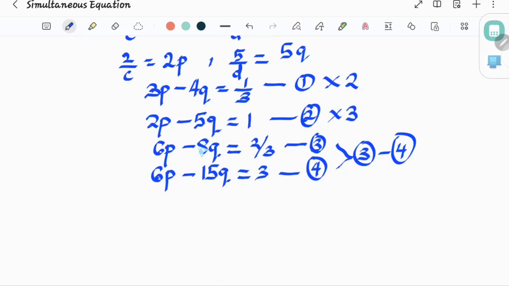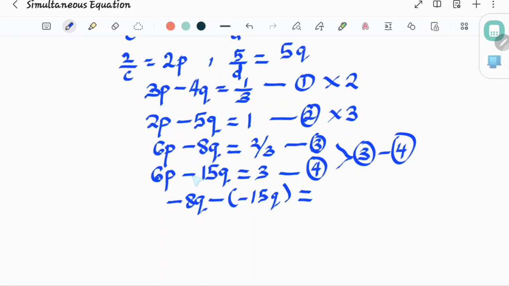So equation 3 minus equation 4 means 6p minus 6p, that's already 0. Equation 3 minus 4 for the part of q means minus 8q, which is what is here, minus what is on the second side, which is negative 15q. Don't forget, you have to be very careful here because of the negative sign.